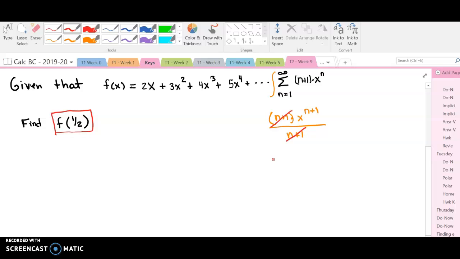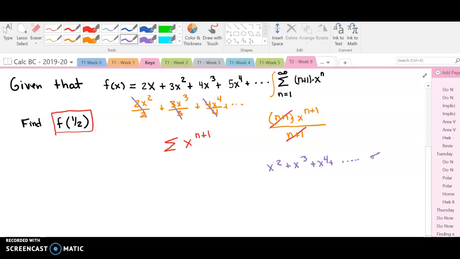If I cancel these out, now I really have the summation of x to the n plus 1. And this is geometric. So let's just see what would happen if I integrated all of these. I'm left with x squared plus x cubed plus x to the 4th plus dot dot dot.